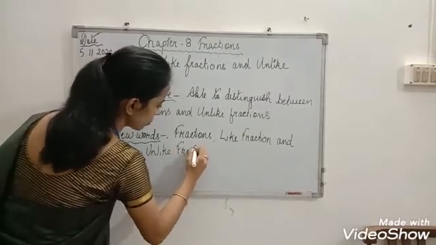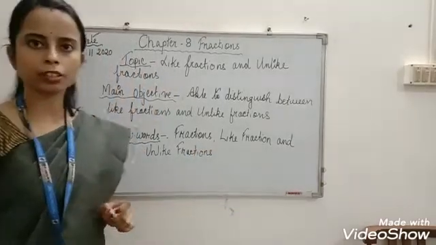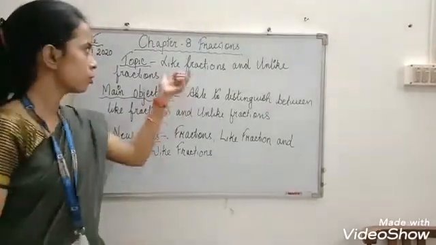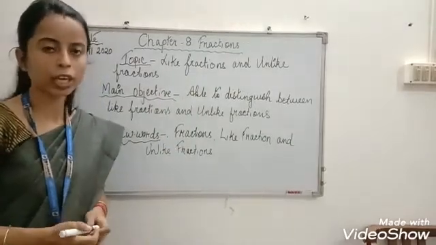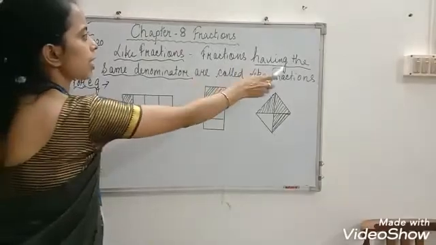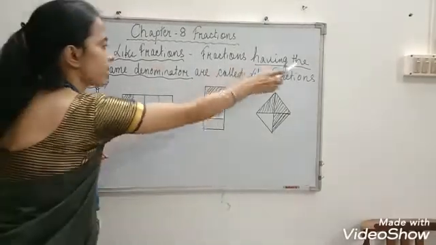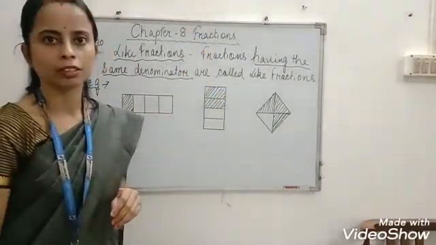Right? These are the new words you will be getting in this topic. Clear, children? So now I am going to explain one by one, like fractions and unlike fractions. Okay? What are like fractions? Fractions having the same denominator are called like fractions.